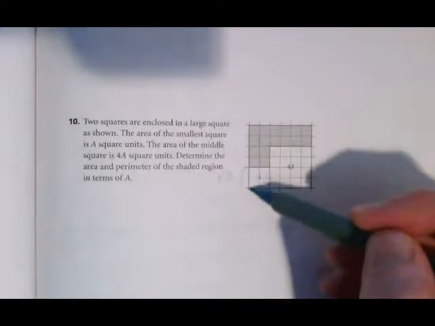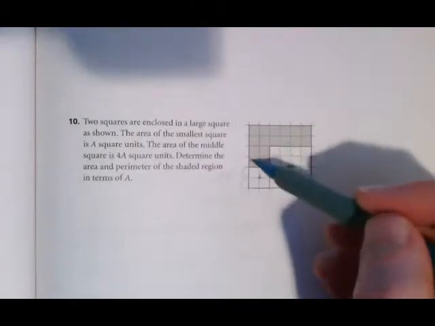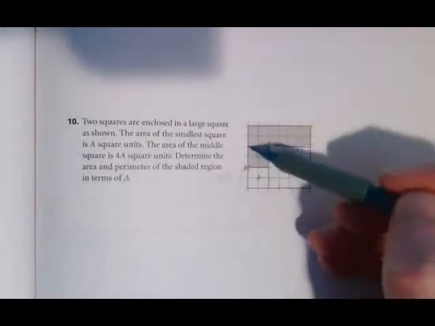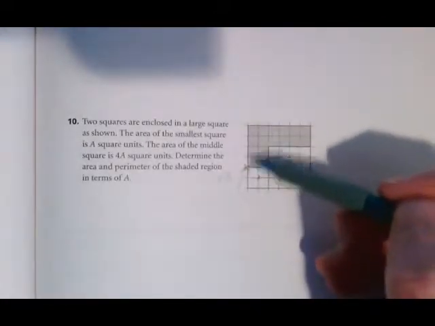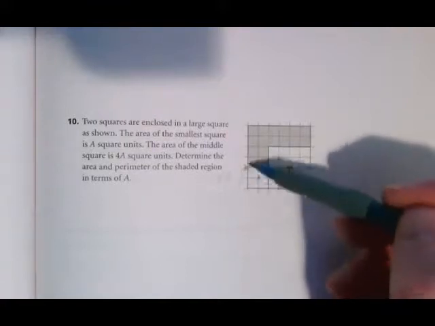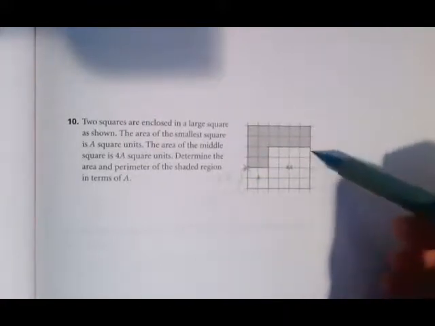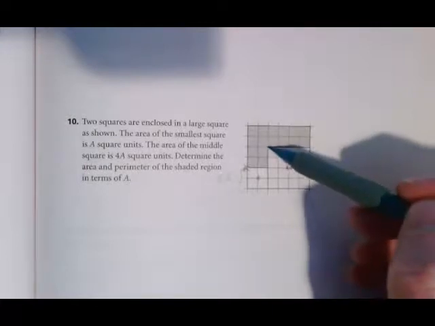For every 2 blocks, it's the root of a. I'm starting right at this corner so I don't lose my spot. One group is 2, right? 1, 2, 3, 4, 5, 6, 7, 8, 9, 10. So the perimeter is 10 root a. The area is 4a.